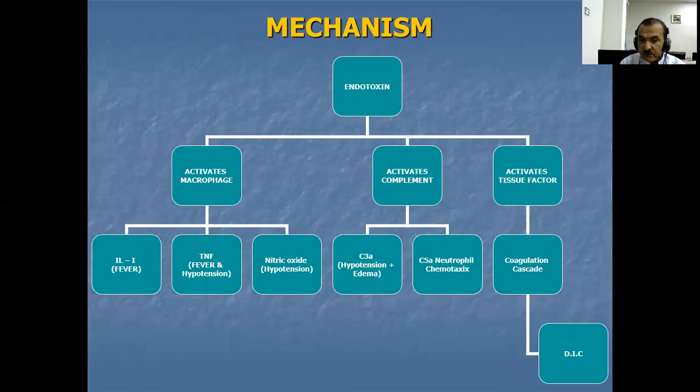C3a is associated with hypotension plus edema, while C5a is a neutrophil chemotactic factor. Endotoxin also activates the tissue factor, which causes disturbance in the coagulation cascade, which leads to DIC, disseminated intravascular coagulation. The DIC is best diagnosed by a test known as the D-dimer test.